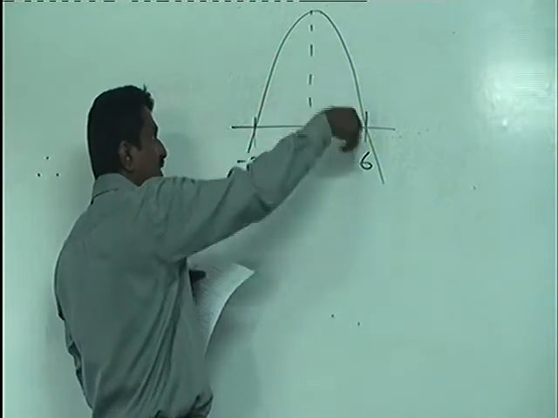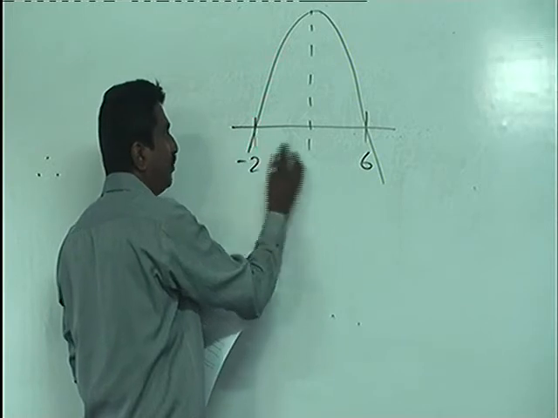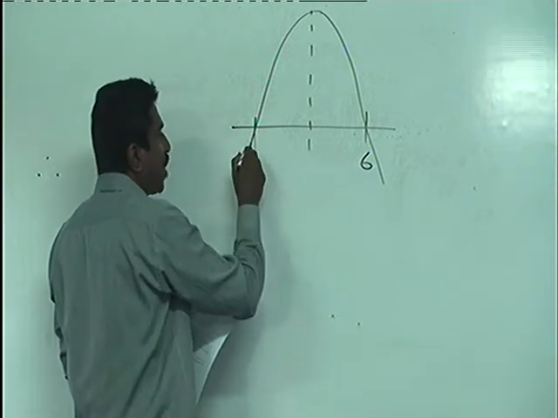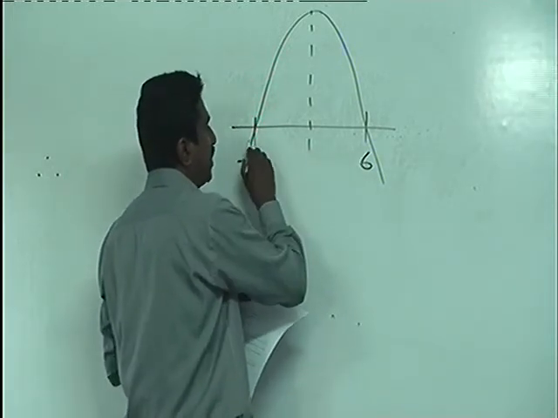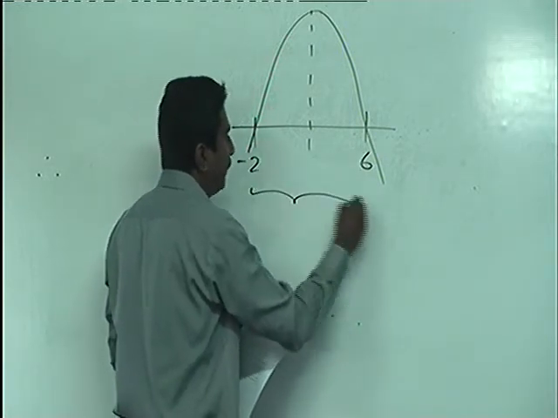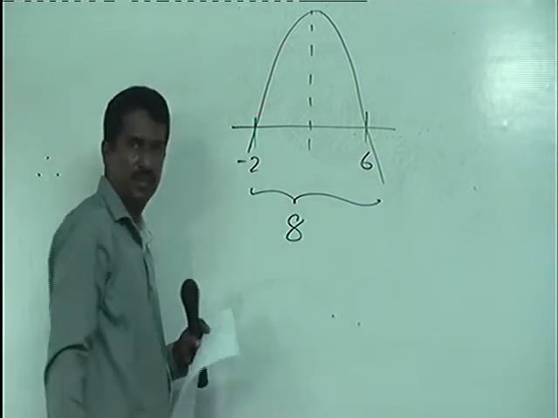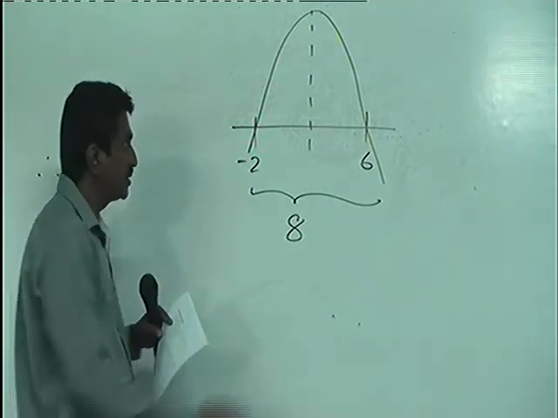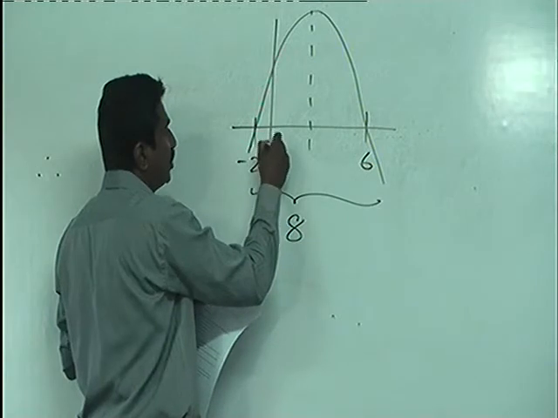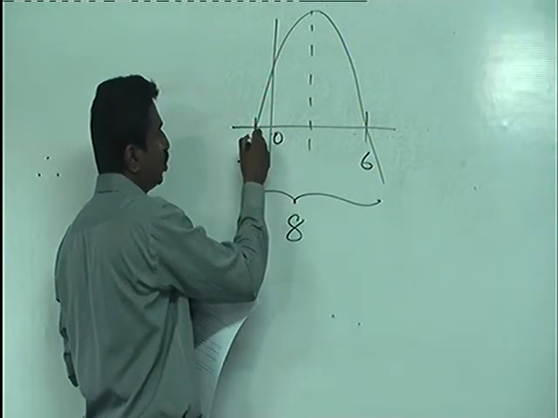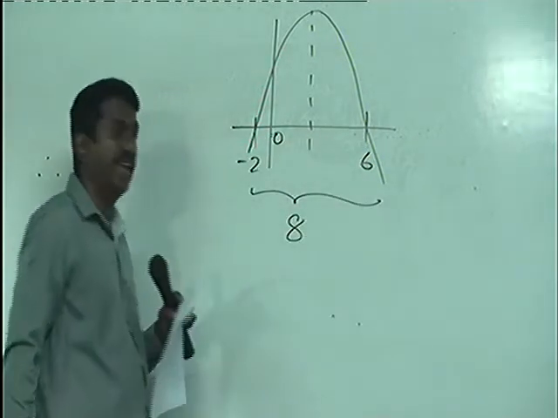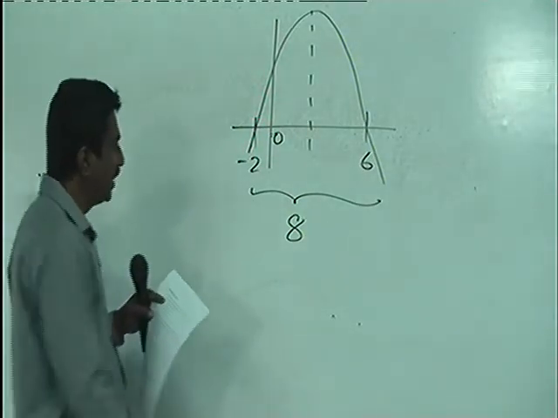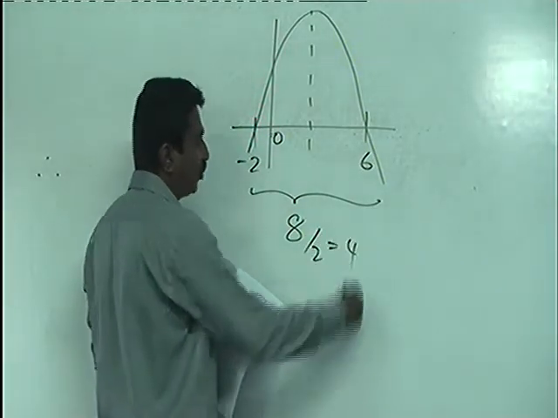Then if the curve is symmetric, we need to find out the middle of this axis. Here, -2 to +6. The gap is how much? The gap is 8. Don't make it 6 minus 2. The gap is from 0 to 6 and 2, so the total gap is 8. The middle is 8 divided by 2, which is 4.